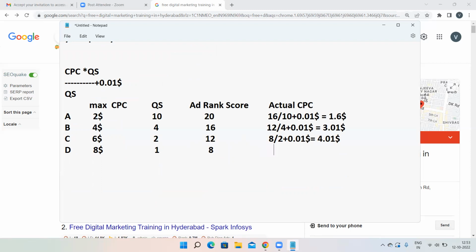Now, for Grace, who is the competitor? Next person? Only 4 people are there. Only 4 people are trying to target that keyword, no other person.